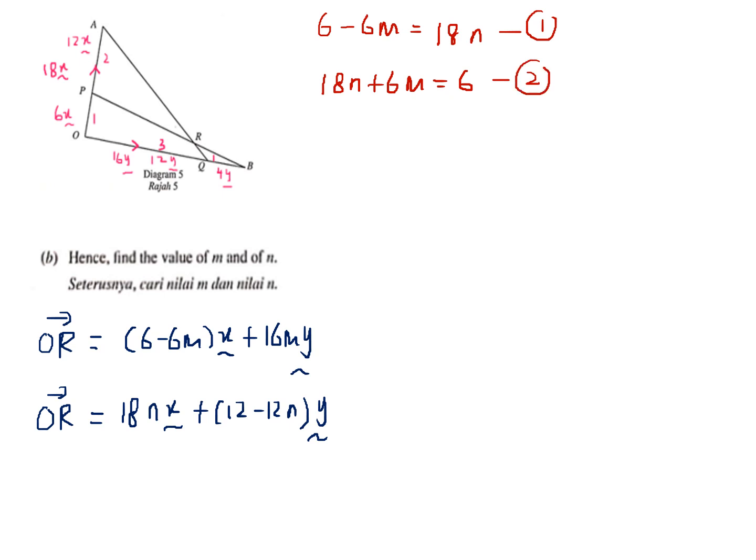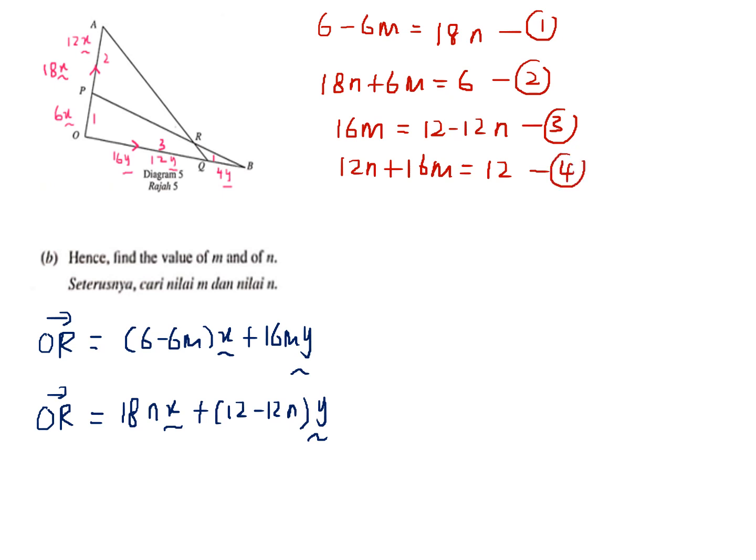By comparing the vector y, we obtain 16m equals 12 minus 12n, which is the third equation. Rearrange the terms, we obtain 12n plus 16m equals 12, which is the fourth equation.